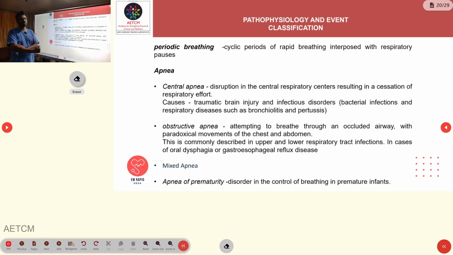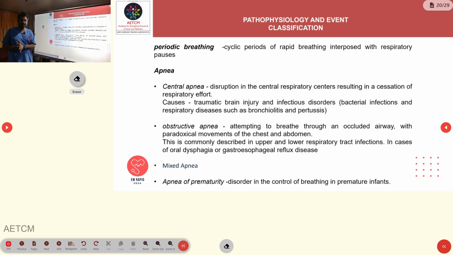So about the pathophysiology and event classification. The BRUE can be either a normal or abnormal event. Mostly we won't be seeing what is the cause, as the caregiver or caretaker will be telling about the event. So this can be a normal event or pathological event.